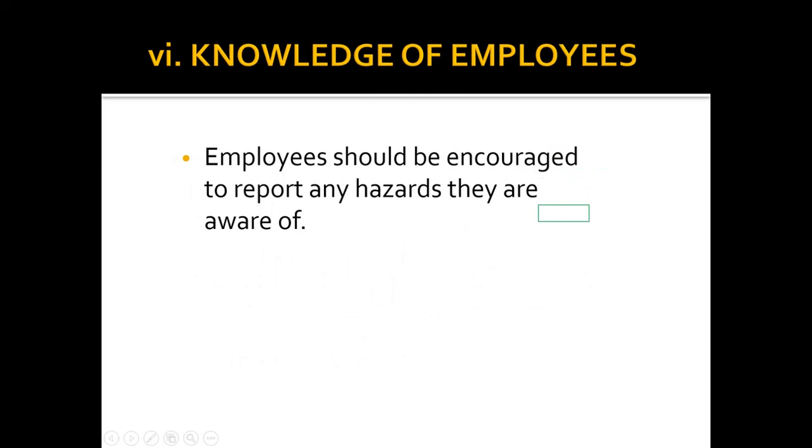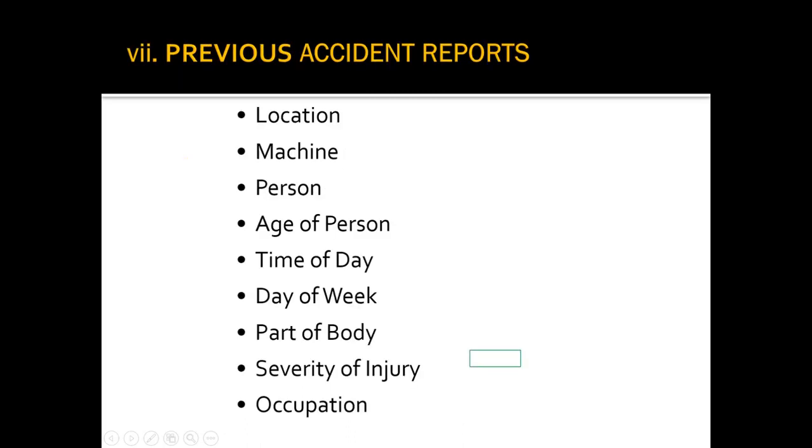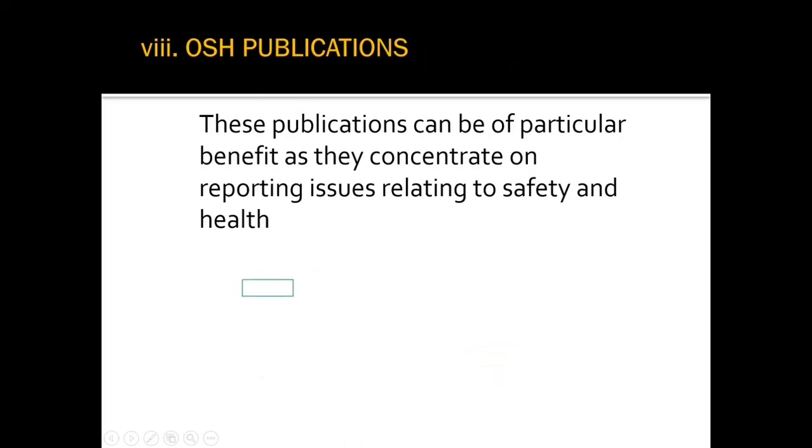And knowledge of employees: employees should be encouraged to report any hazard they are aware of. And previous accident report: location, machine, person, age of person, time of day, day of week, part of body, severity of injury, and occupation.